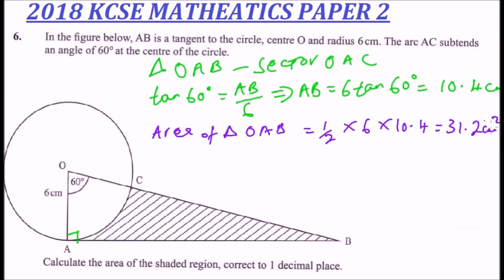So that is the area. Then we look for the area of the sector OAC. So we say area of the sector OAC is equal to, we use the angle 60.